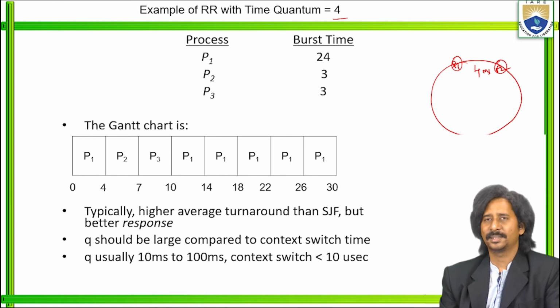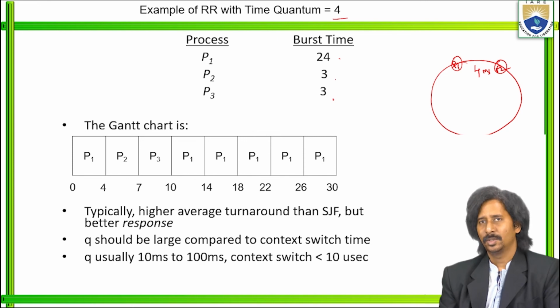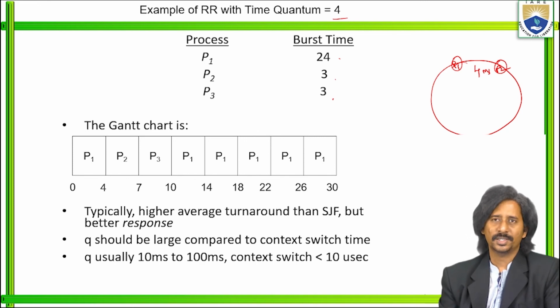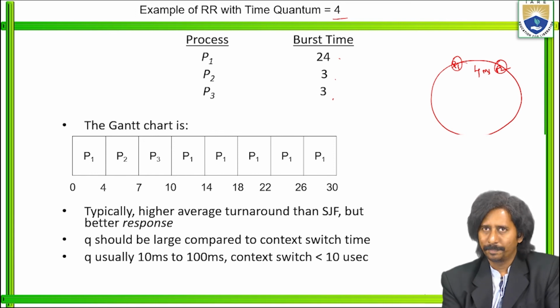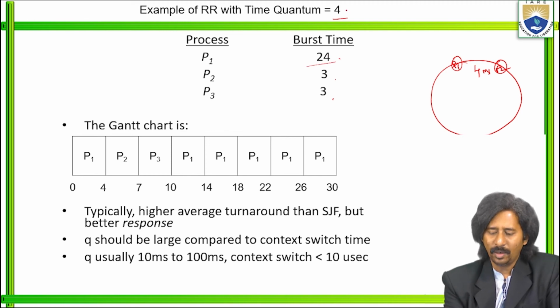Now let us take the same example which we considered for FCFS also: P1, P2, P3 with burst times 24, 3 and 3 milliseconds. The concept of this round robin scheduling algorithm is that each and every process, irrespective of its burst time, executes only up to 4 milliseconds, because the time quantum is fixed.